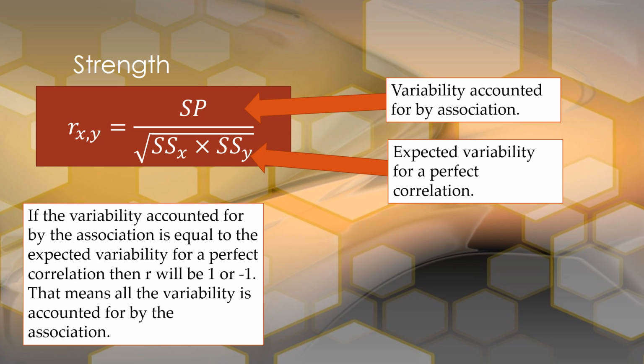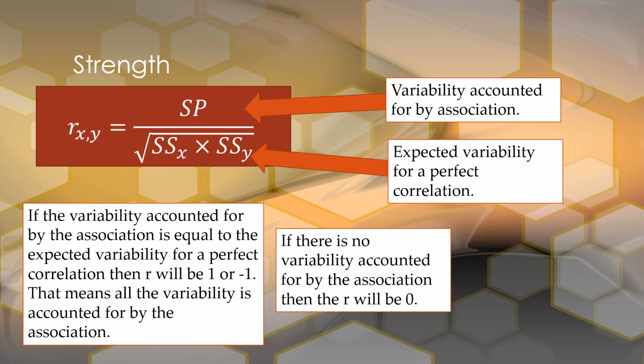And if it was a negative on the top and a positive on the bottom, but the two numbers are the same, then we're going to get a negative 1. So if the variability accounted for by the association, which is the top, is equal to the expected variability for the perfect correlation, which is the bottom, then R will be 1 or negative 1. So it means that the association accounts for all this variability.